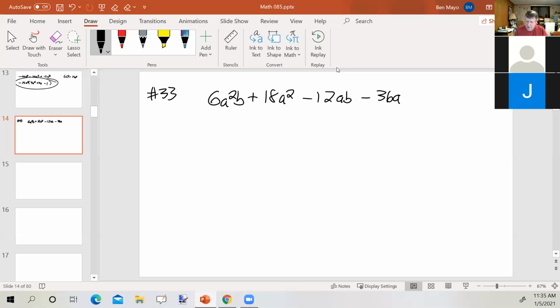There is a greatest common factor of the whole thing, and that would be 6a. So taking out 6a, I get ab plus 3a minus 2b minus 6.